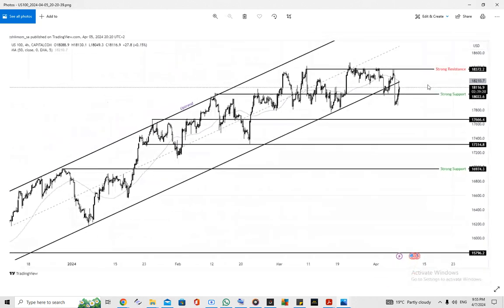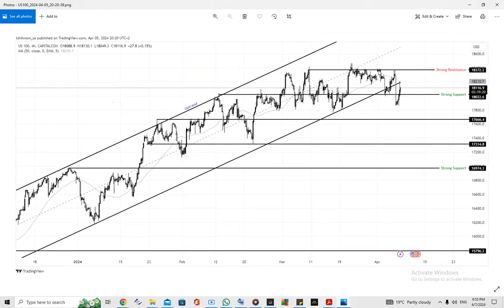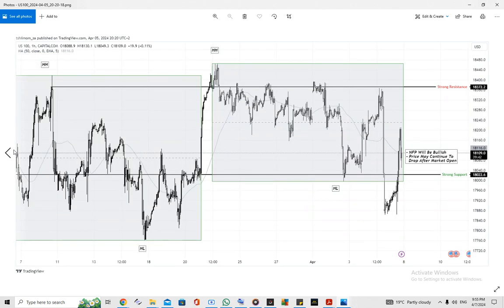So whenever price came to this level, I just knew I'm gonna sell. As you can see, the price has been respecting this level for the longest time. And right now we are in April. As you can see on the 1 hour, price has been at this level just struggling, but eventually we saw the push to the downside, then back to that level, then the market just came down and created the new low.